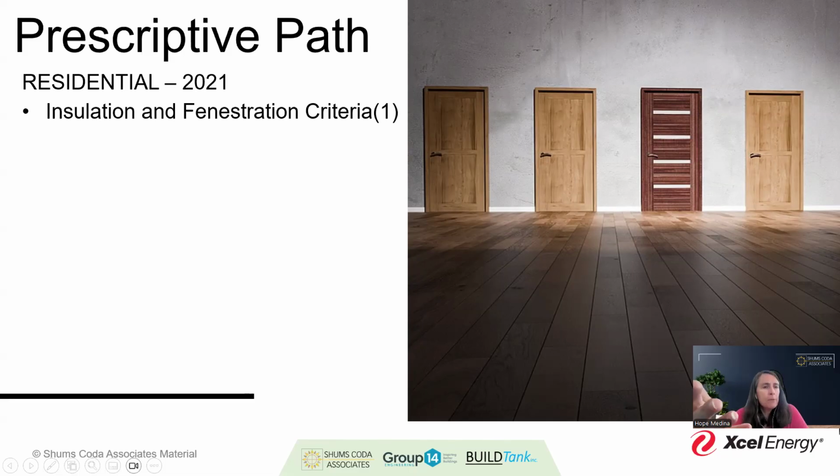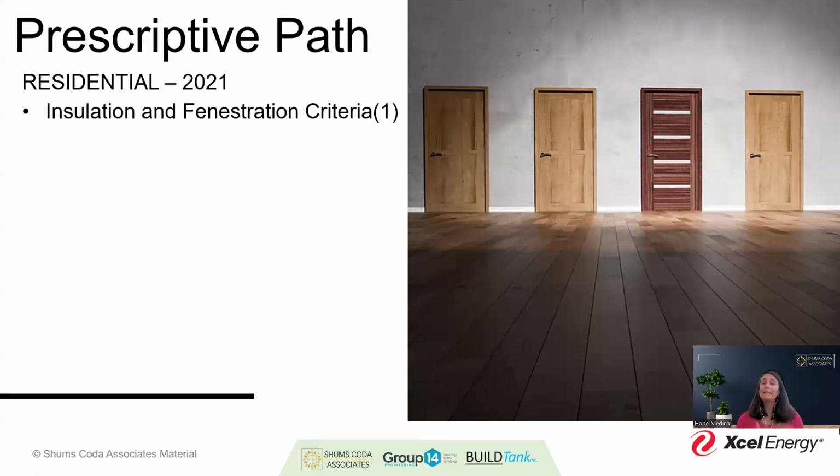And the first option when we have this prescriptive path is choosing to go with the installation and fenestration criteria. Now you'll remember that back in the 2021 edition, the installation and fenestration criteria prior to that had always been that R value option. In the 21, it switched so that the installation and fenestration criteria option of the path is actually that U factor, F factor option.